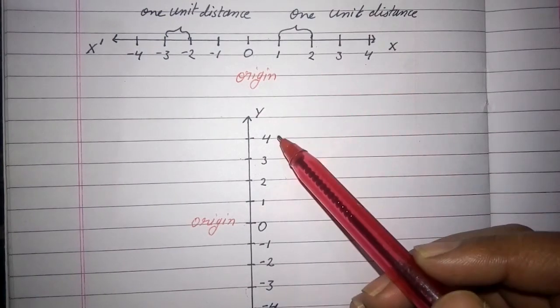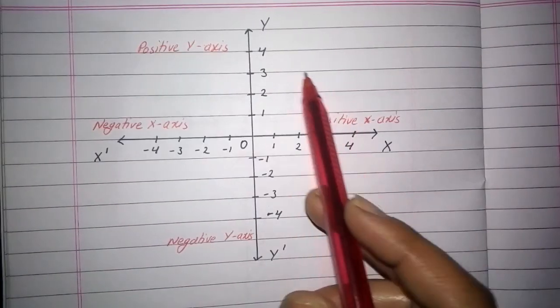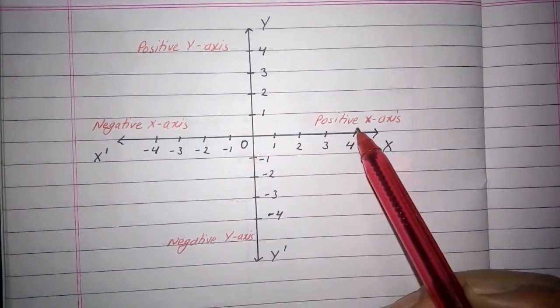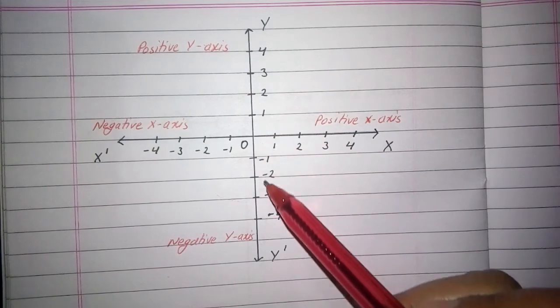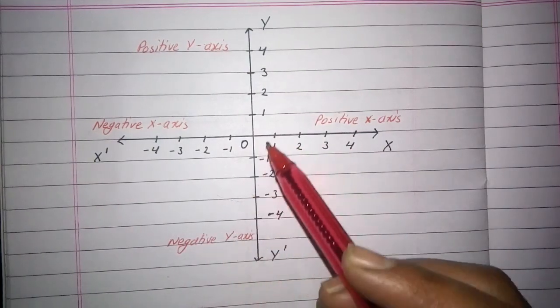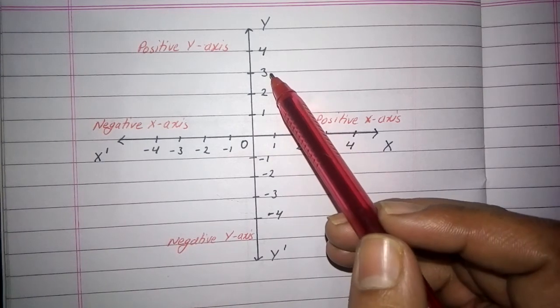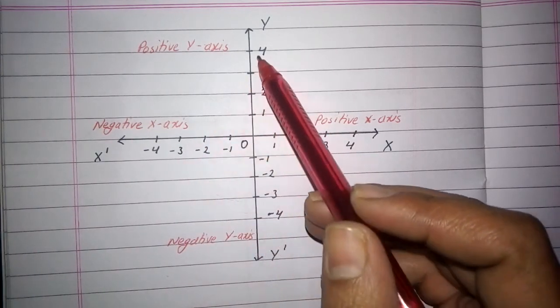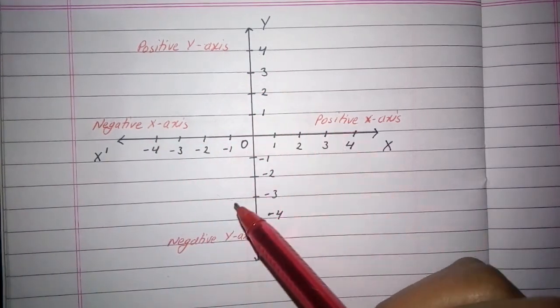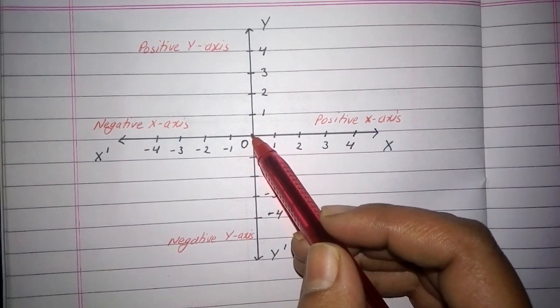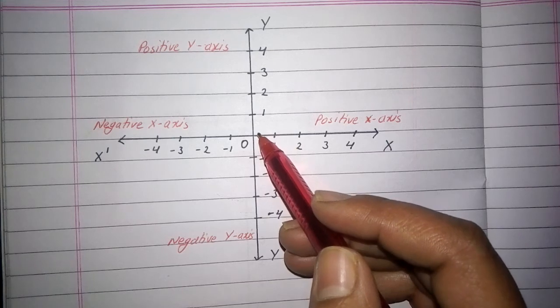Here I combine the horizontal and the vertical number lines. So this is the Cartesian plane, the combination of the horizontal and the vertical lines, where they meet.